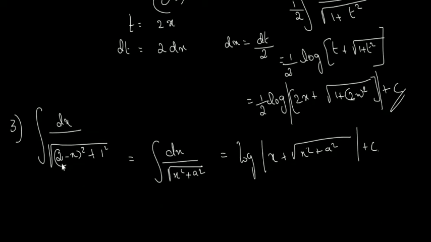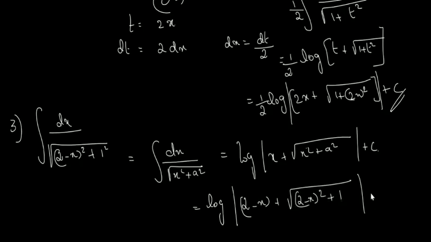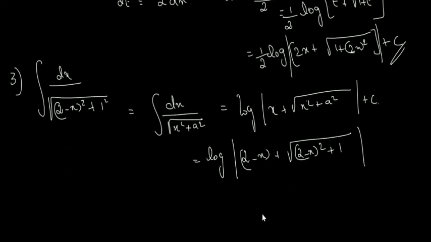So here, in the place of x, it is 2 minus x. So this is equal to log modulus of 2 minus x plus root of, we can copy the same thing here, 2 minus x the whole square plus 1. Then the coefficient of x is minus 1. You have to divide by minus 1.